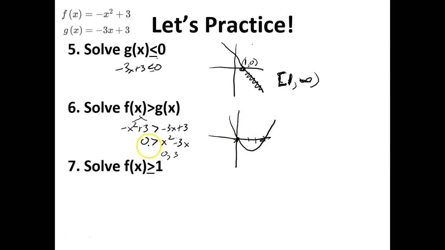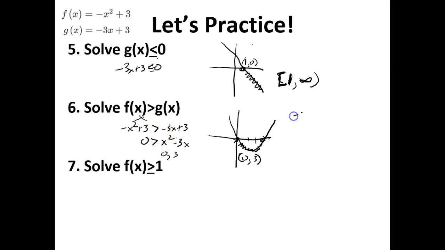And at this part of the problem, I want to know when that parabola is less than 0, or where it's down here. And that happens on the interval from 0 up to 3. Now realize that this particular graph doesn't necessarily show what this is doing. It just shows what this parabola is doing.